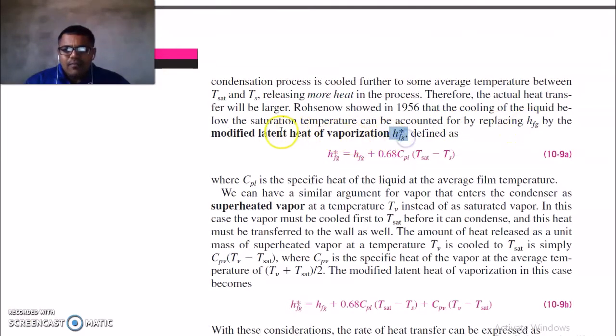hfg star, which is the modified latent heat of vaporization, where hfg star is equal to hfg plus 0.68 Cpl into T saturation minus T surface temperature, where Cpl is the specific heat of liquid at average film temperature.